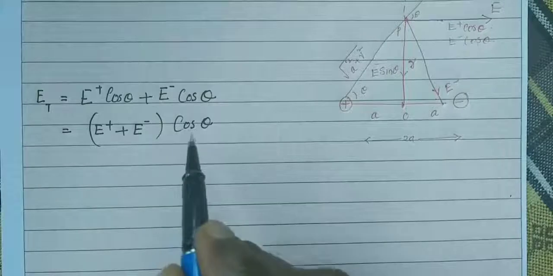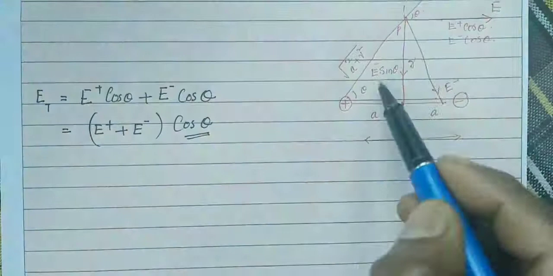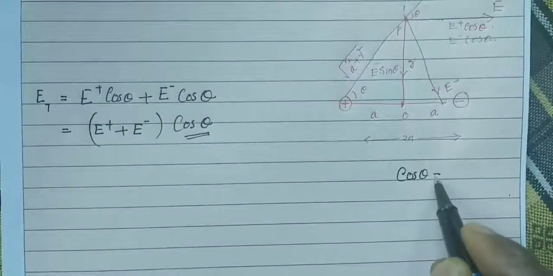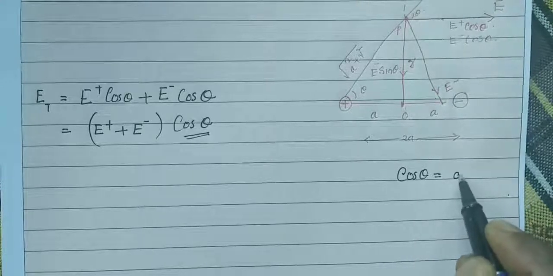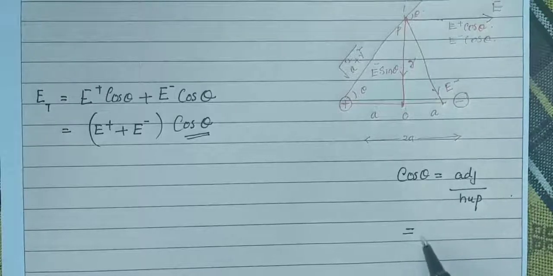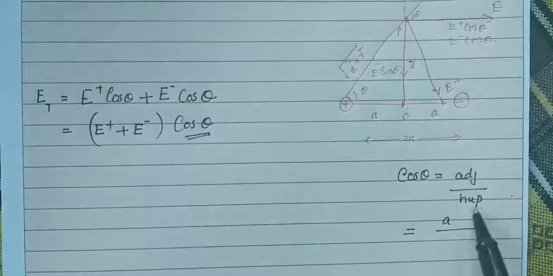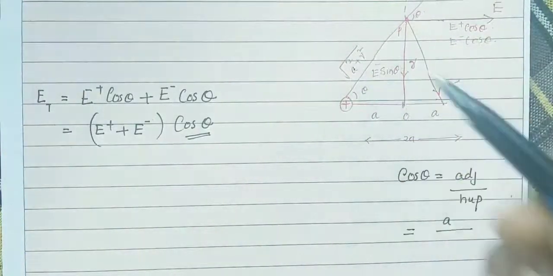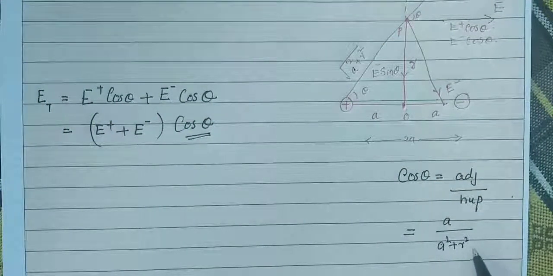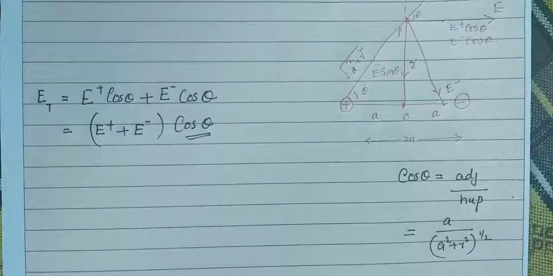So now see the triangle in the figure. From that triangle which constitutes the positive charge, the point P and O, cos theta is equal to adjacent side divided by hypotenuse. Adjacent side is a and hypotenuse is root of a square plus r square. So I can write it as a divided by a square plus r square whole raised to 1 by 2.